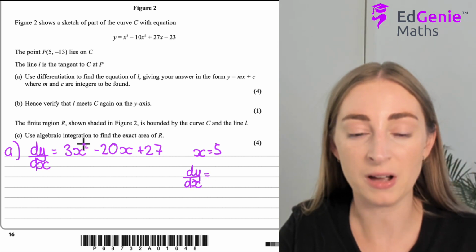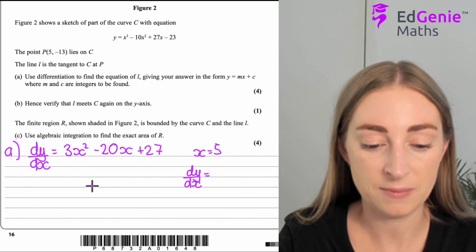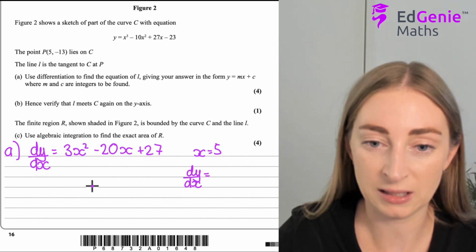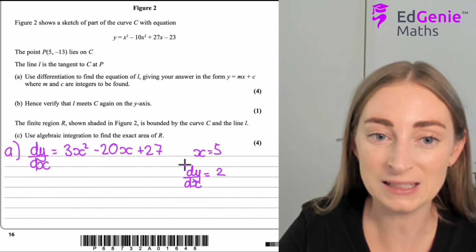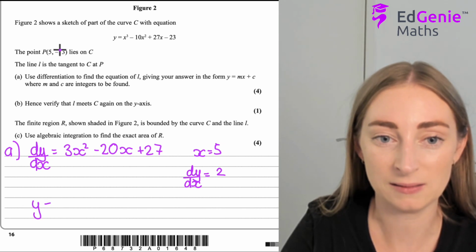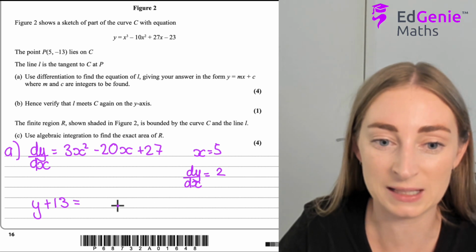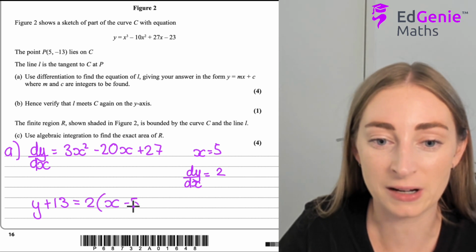So substitute 5 into here. So 3 times 5 squared minus 20 times 5 plus 27 equals 2. So now I've got my gradient and I've got a coordinate. I can do y minus 13 equals the gradient times x minus 5.